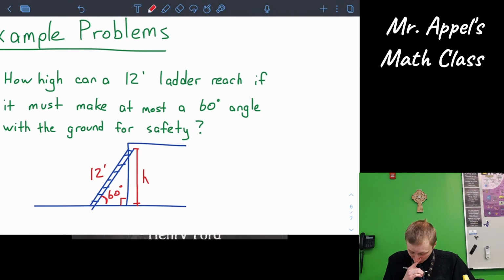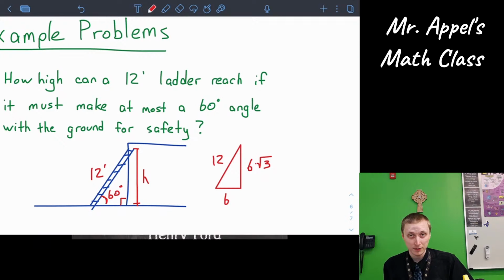I know that means that in such a triangle, if this is 12, then this side is half of that hypotenuse, 6, and this side is that half piece times the square root of 3, which means this is my final answer.